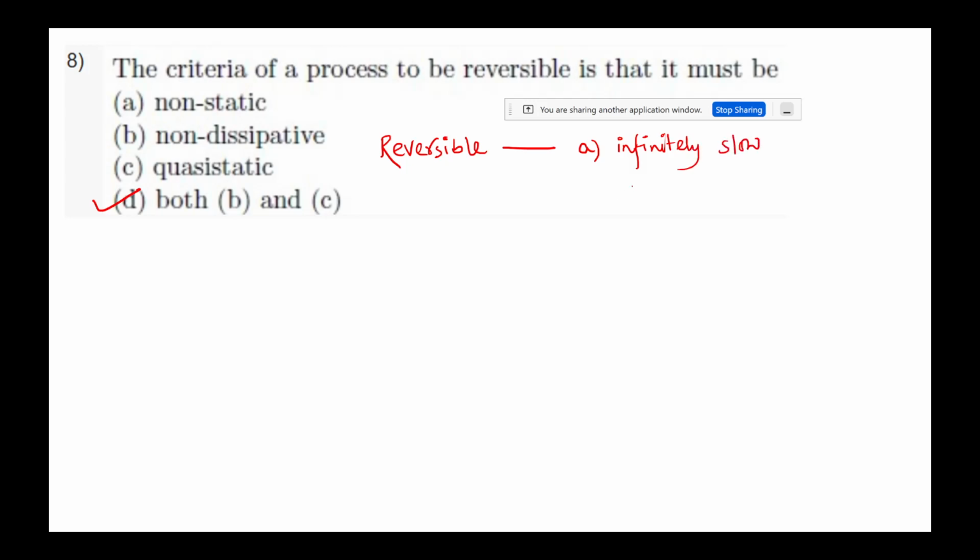Now, if it is infinitely slow, this is quasi-static. That means the process is not dynamic.